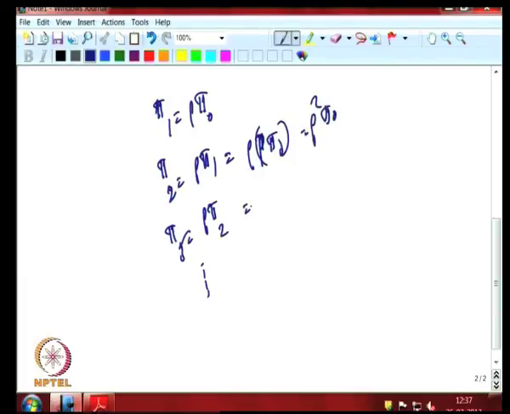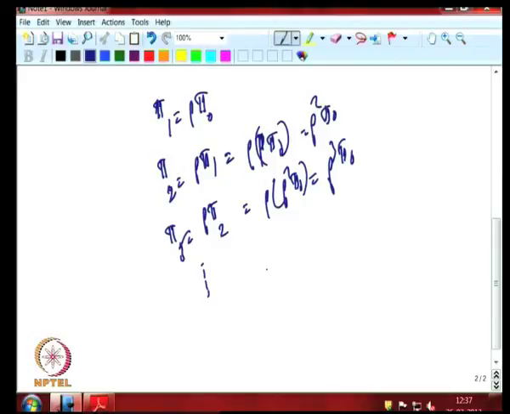This will be again the same thing, rho times pi 2 is rho square pi 0, will be rho cube pi 0, things like that. So pi 1 is rho pi 0, pi 2 is rho square pi 0, pi 3 is rho cube pi 0, but then the probabilities should all sum to 1, right.